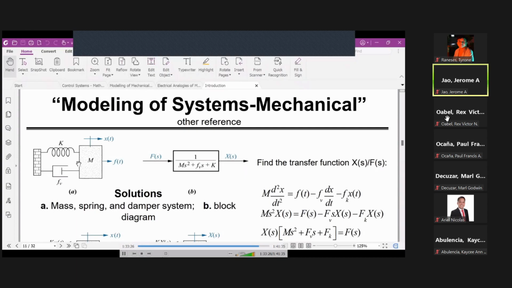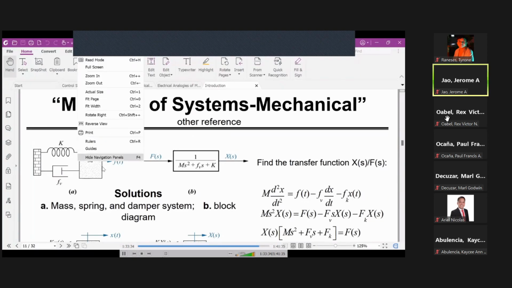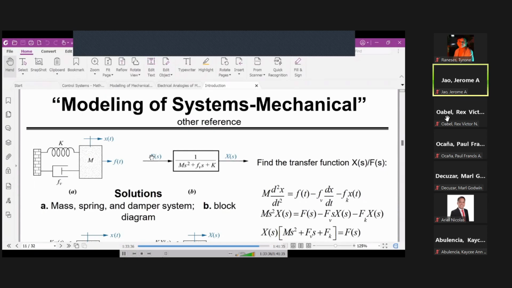Kung kanina, ang kinuha natin is differential equation model, now we will get the transfer function model of your mechanical system. This is a block diagram of transfer function. You should have the output and you should have the input. Tama ba? And therefore, yung nasa loob ng box is the transfer function.